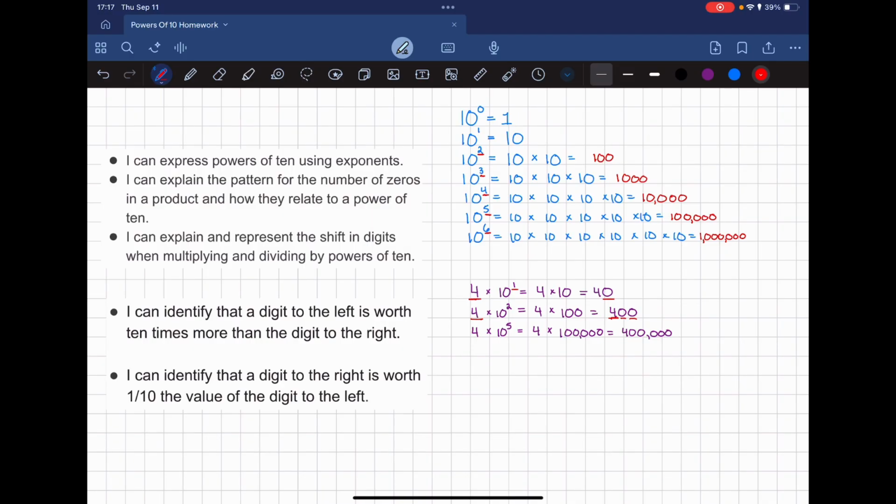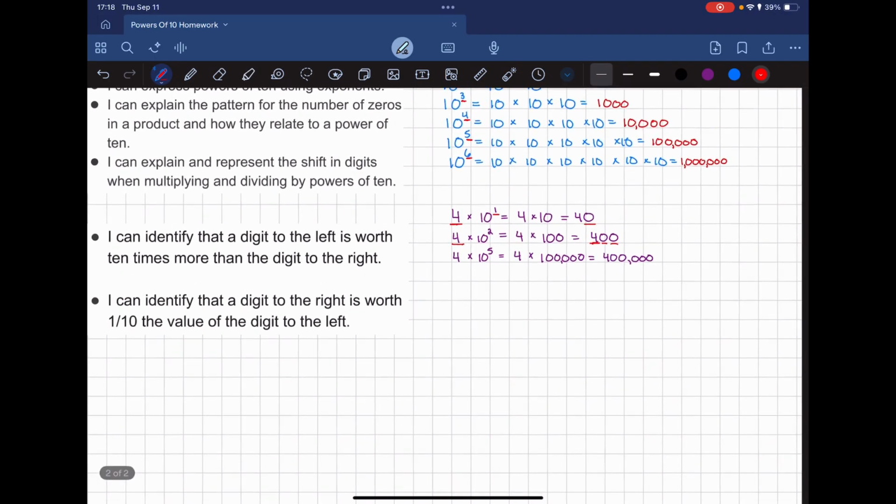When I was in 5th grade, we did not learn this way. We learned how to move the decimal, essentially, okay? And so before I talk about moving the decimal, I want to follow what the intention is behind shifting the digits when multiplying and dividing by powers of 10, okay?